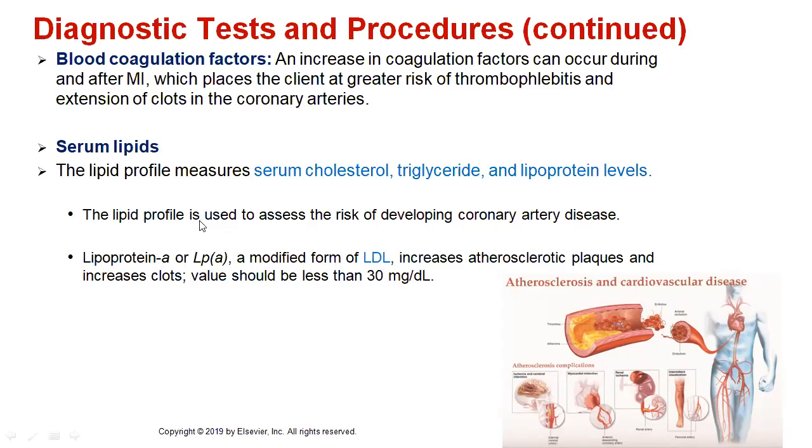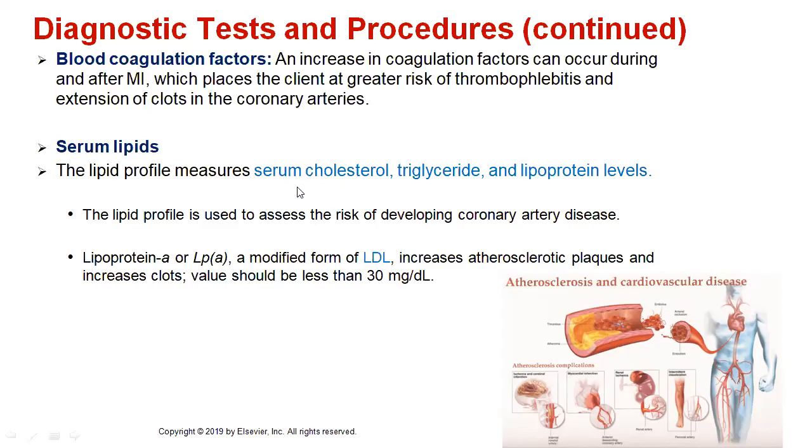So lipid profile is used to assess the risk of developing coronary artery disease. For coronary artery disease, we also have to check the hemodynamic monitoring. Both are important. For total cholesterol, our target would be less than 200 milligram per DL.